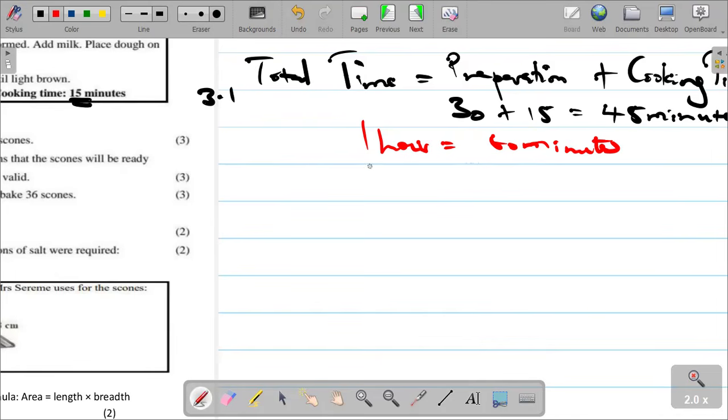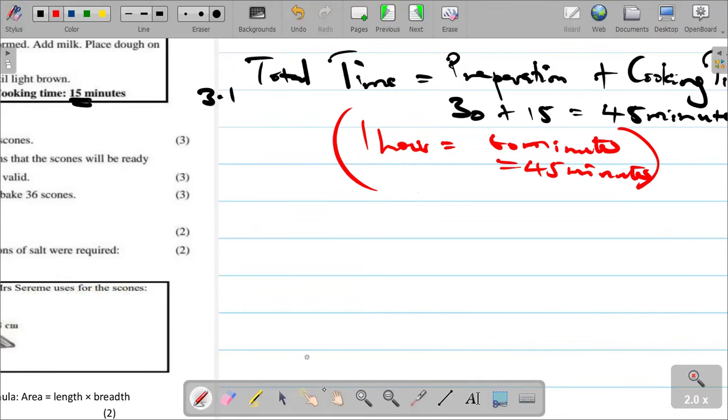So in this case, we have got 45 minutes, and we convert 45 minutes to hours, and then you get the total number of hours, which is less than an hour.